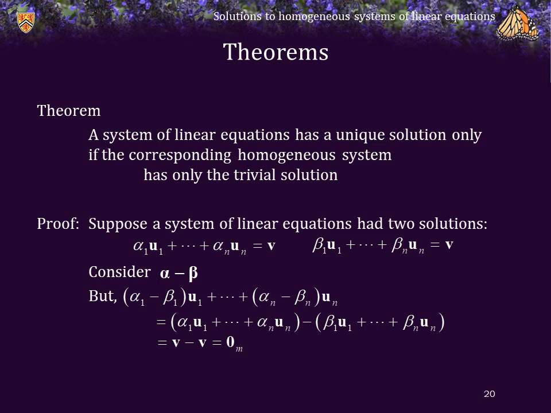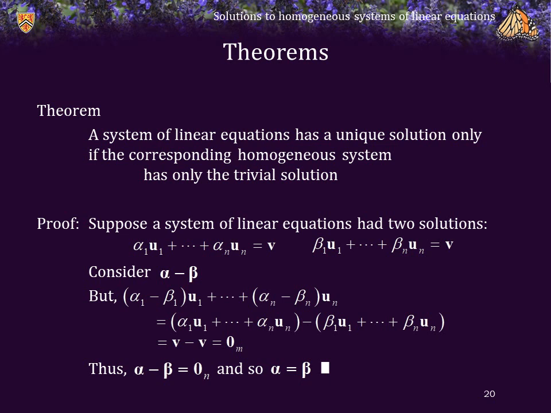All right, so if the vector alpha minus beta is a solution to the homogeneous system, and the homogeneous system only has the trivial solution, then alpha minus beta must be equal to the zero vector.